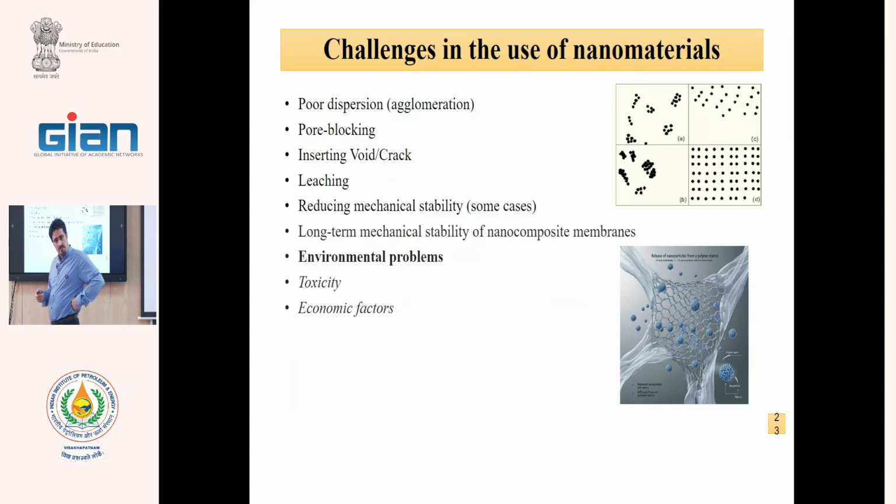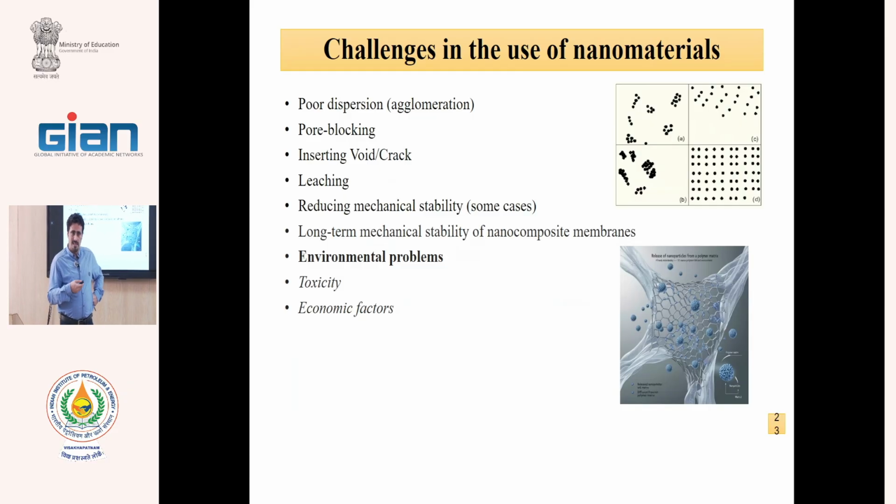I spoke about the advantages of nanomaterial-based membranes, but we have some challenges in the use of these nanomaterials. As I said, in most nanoparticles, we have poor dispersion, and agglomeration is a problem, and it causes reducing strength of the membrane and reducing the flux.